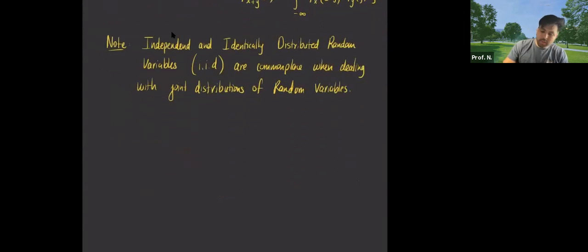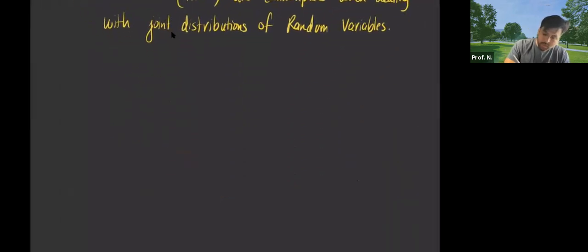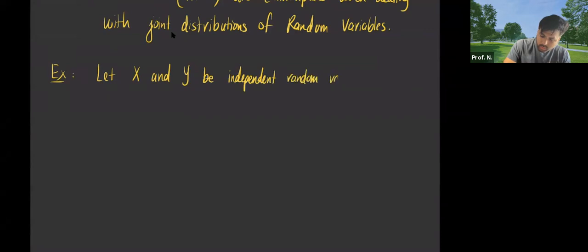Okay, so I'll give you an example of this. Let x and y be independent random variables, both uniformly distributed on 0 to 1.